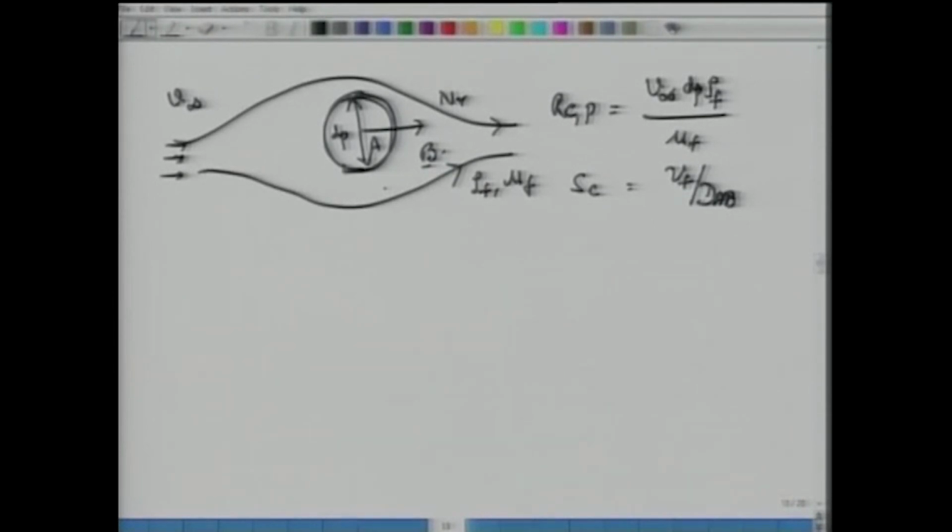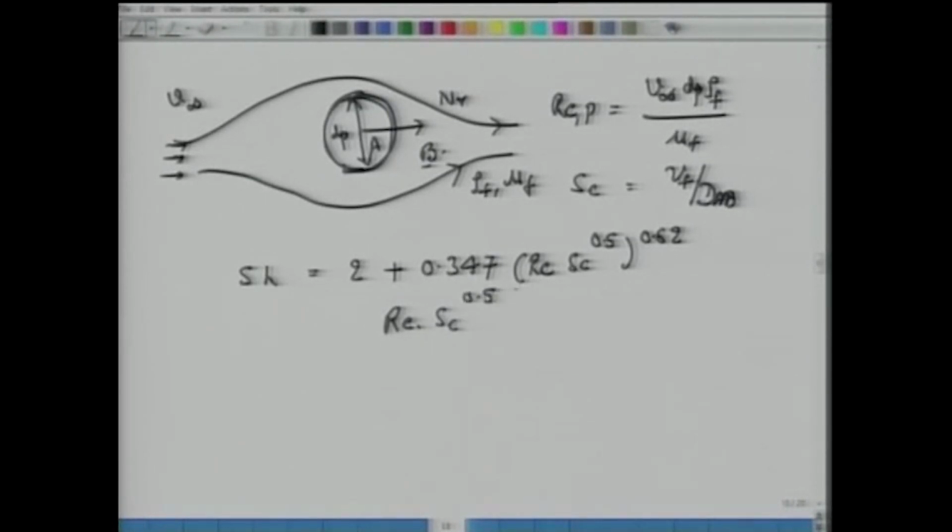In these cases, the correlation is given as Sherwood number equals 2 plus 0.347 times Reynolds number times Schmidt number to the 0.5, to the power 0.62. More important to note here is that the author has given the range of Reynolds number times Schmidt number to the power 0.5. This expression holds good if the value is between 1.8 to 600,000 and Schmidt number between 0.6 to 3200.